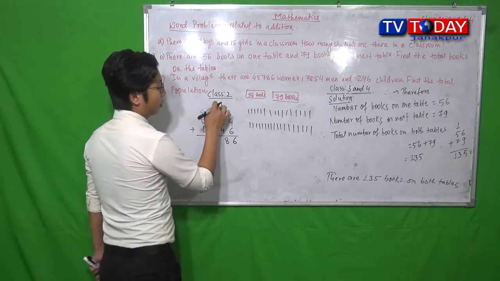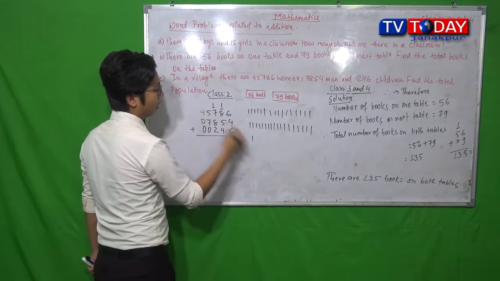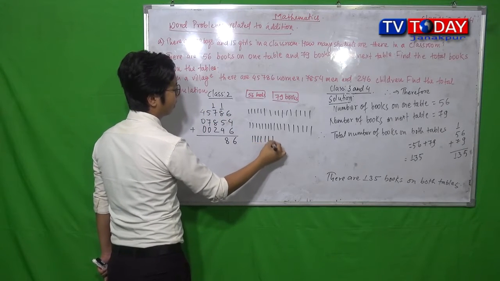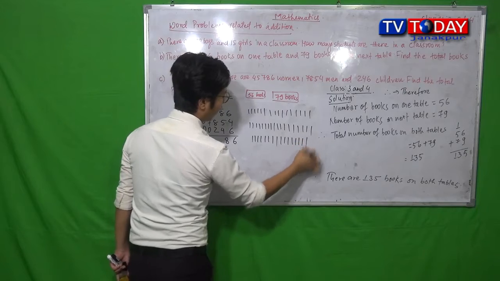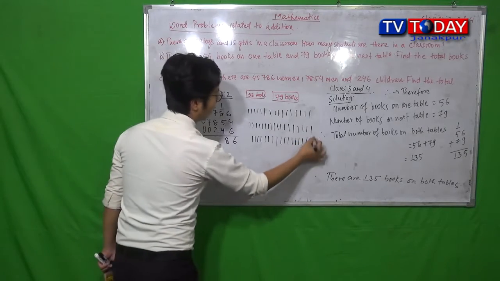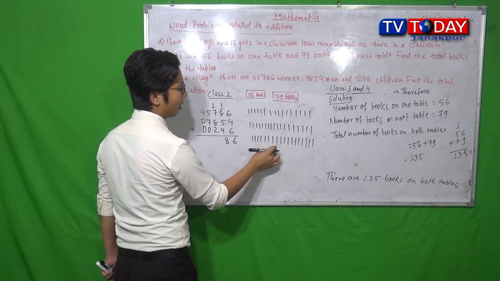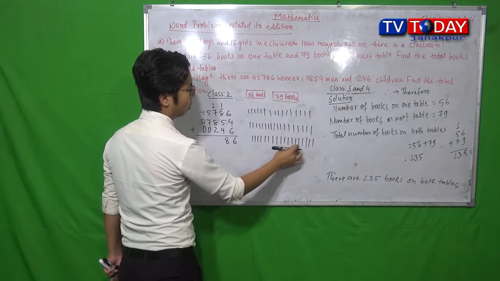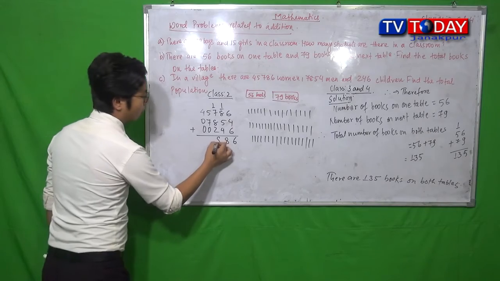Now add all these four numbers. Here is 7, here is 8, and here is 2. Now add all these sticks. 18, 8, carry over 1.